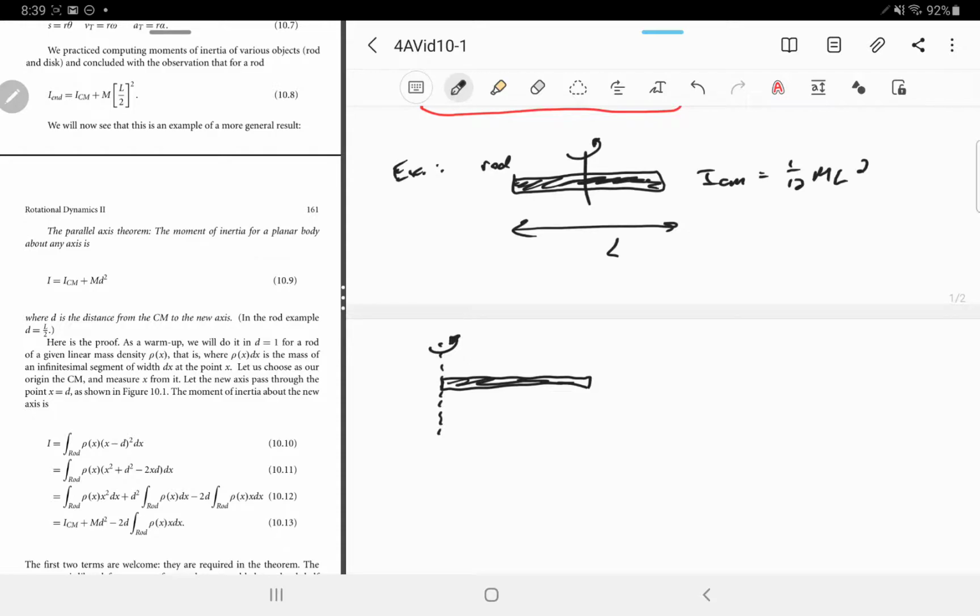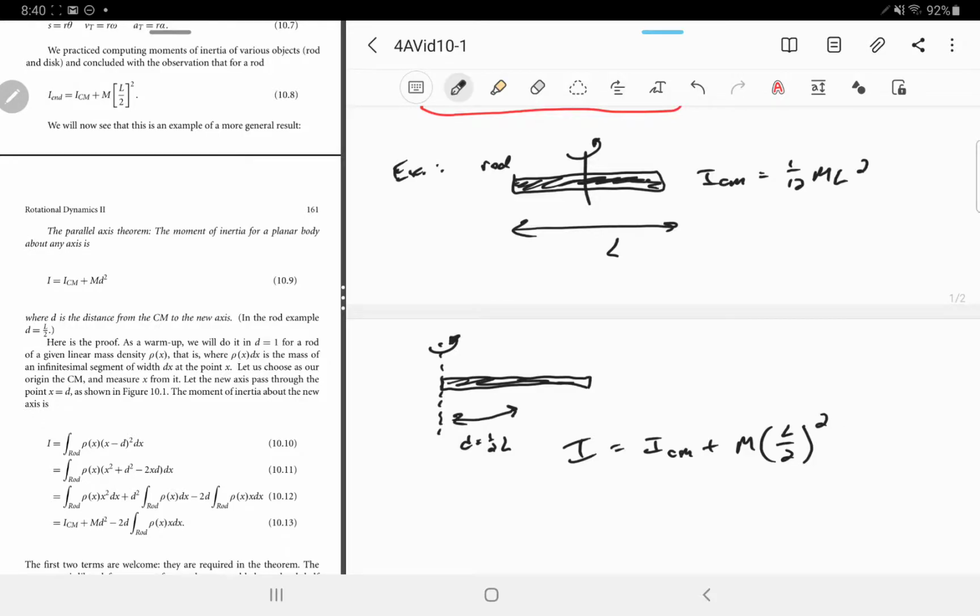This is in our table of moments of inertia that we should have easily available because it comes up so often. So the moment of inertia about this new axis is the moment of inertia through the center of mass. Notice how this new axis is parallel to the old axis, the piece that we already know. So we can do this plus M times d squared, where d is 1/2 the length of the rod, so L over 2.